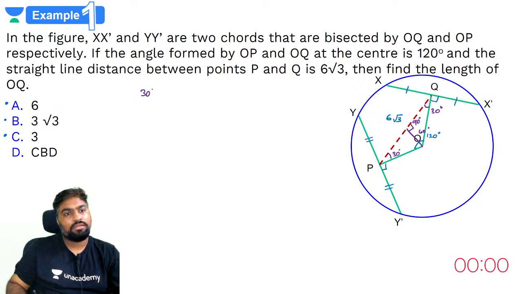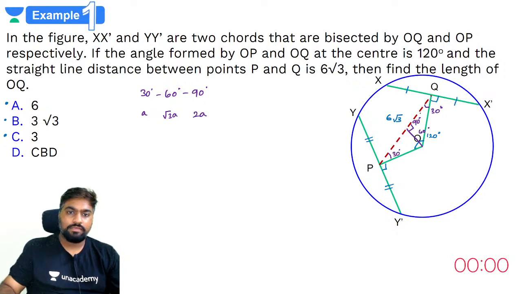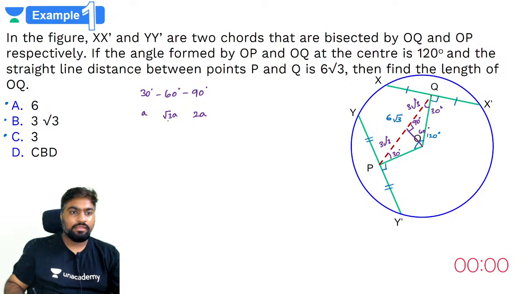In a 30-60-90 special right triangle, the side opposite 30 degrees is a, opposite 60 degrees is root 3 a, and opposite 90 degrees is 2a. Correct? This part becomes 3 root 3 because it gets bisected, isosceles triangle. If this is 3 root 3, then this is 3, this is 6.